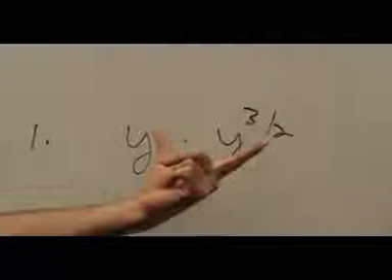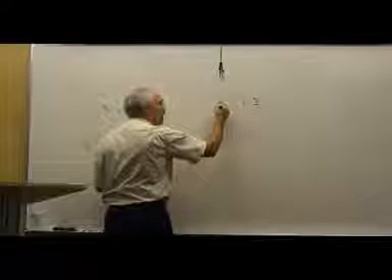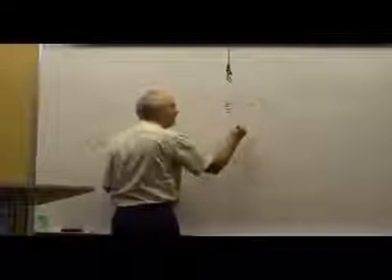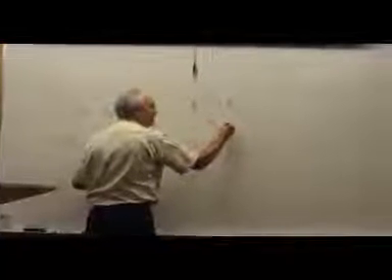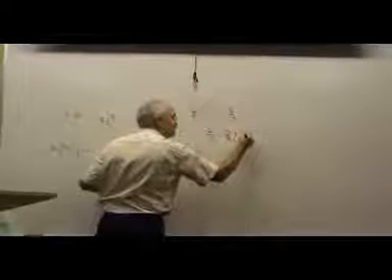First thing I have to do is think of this as y to the first. How do I add 1 plus 3/2? I have to get a common denominator. 2 halves plus 3/2 equals 5 halves. See?